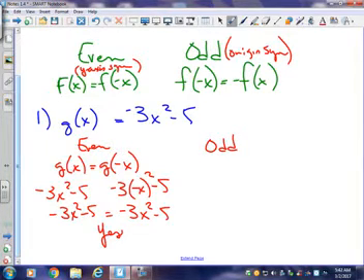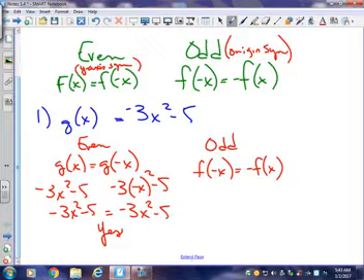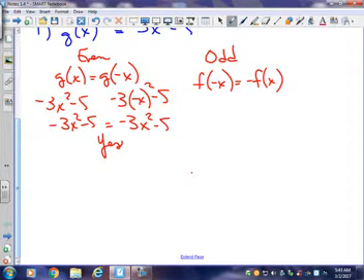Now you have to do both tests to prove that it's not odd. Not that a function can be both, but it's just to prove that you have done the math correctly on the other one and that the odd test will not work. So first, you'll notice that part of the odd test is to do the same thing that the even test did, put in negative for x. So you can just recopy that part over here, and yes, you do have to recopy it because this is a separate part to the proof.